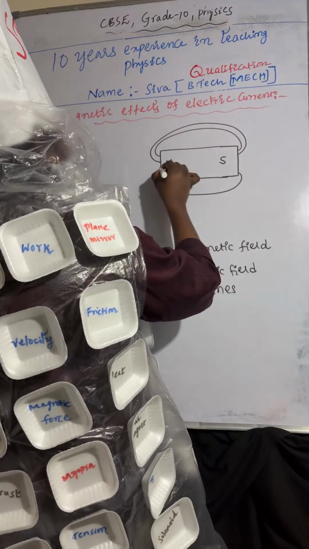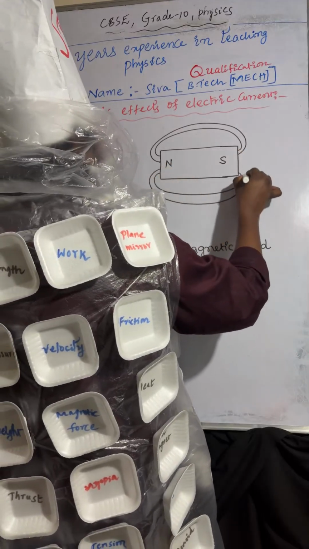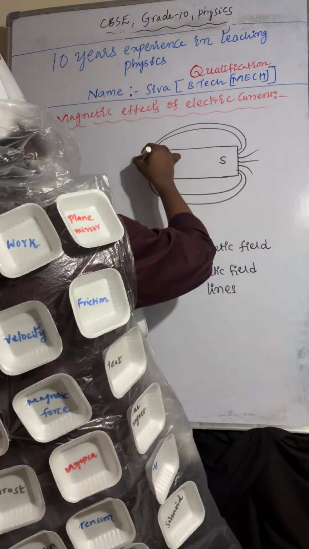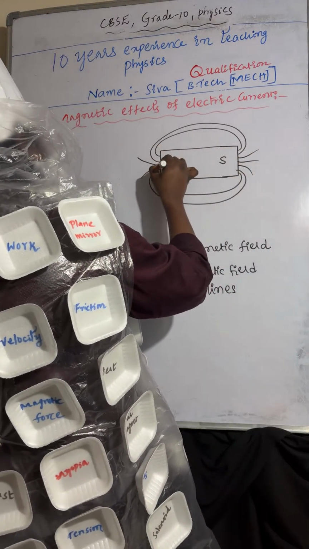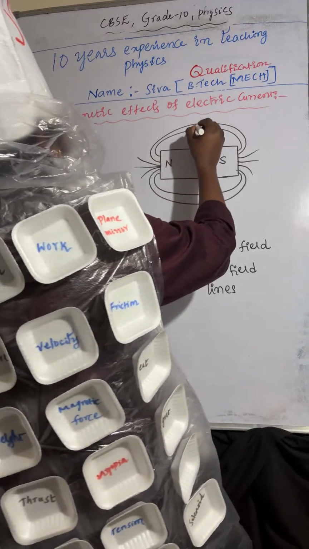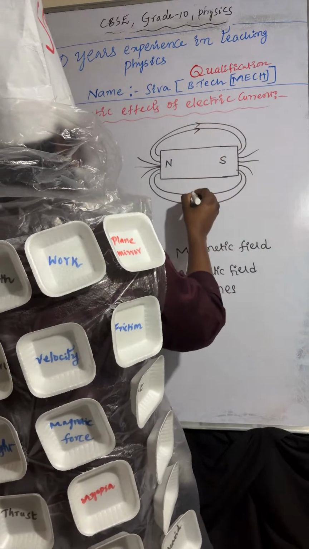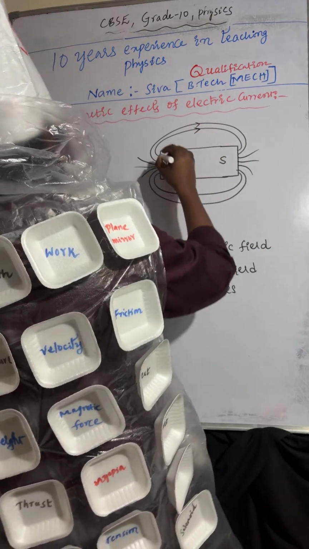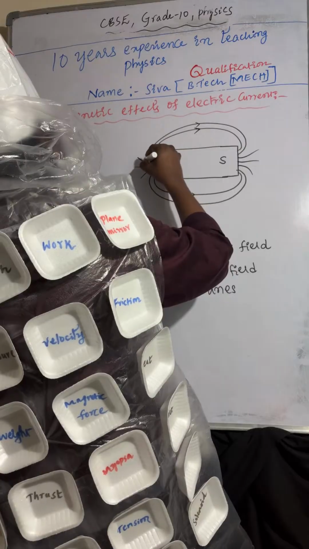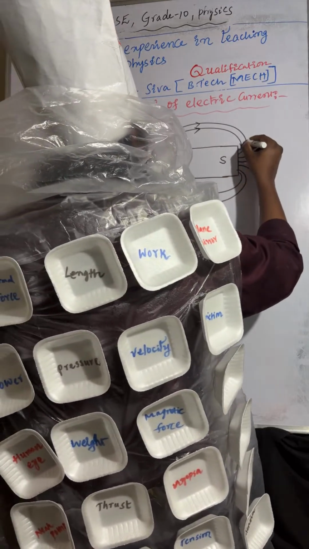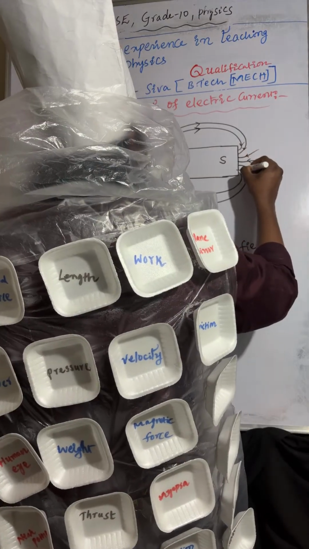In the middle you can take the lines like this, and here also. Understood? So north to south, we can take the lines like this. It is moving away from the pole, and towards the other pole it reaches the point.